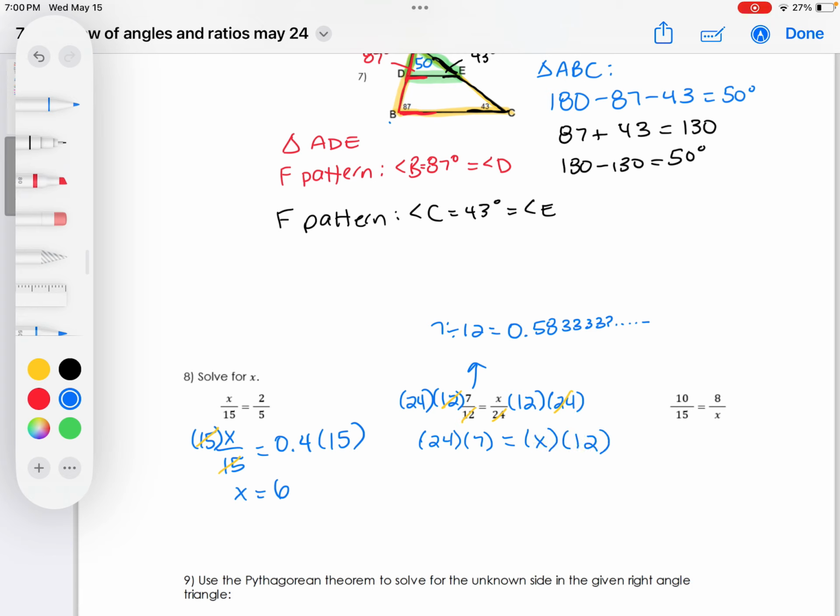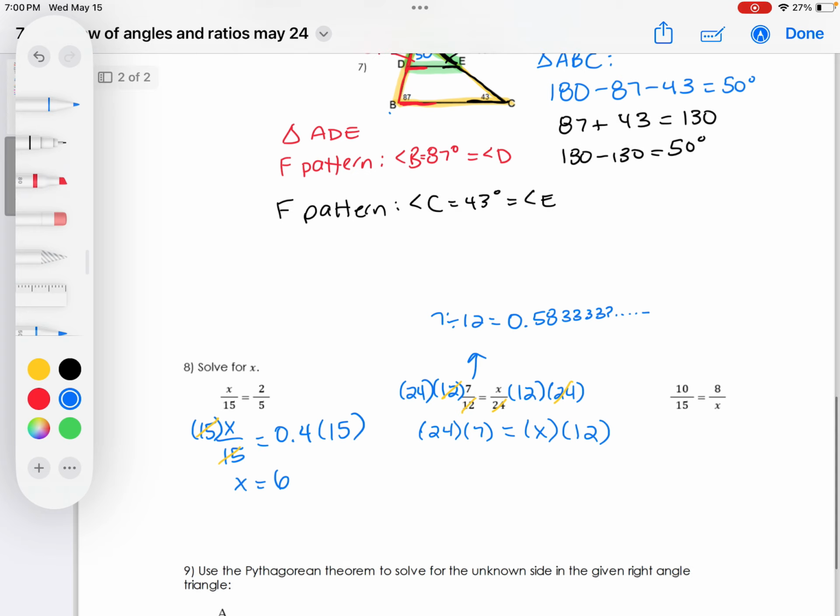Okay, fractions have been cleared, and now we can go about solving for x. We do have to do 24 times 7, which is 168. And then we still have not isolated x. We then have to divide by 12. 168 divided by 12 is 14.